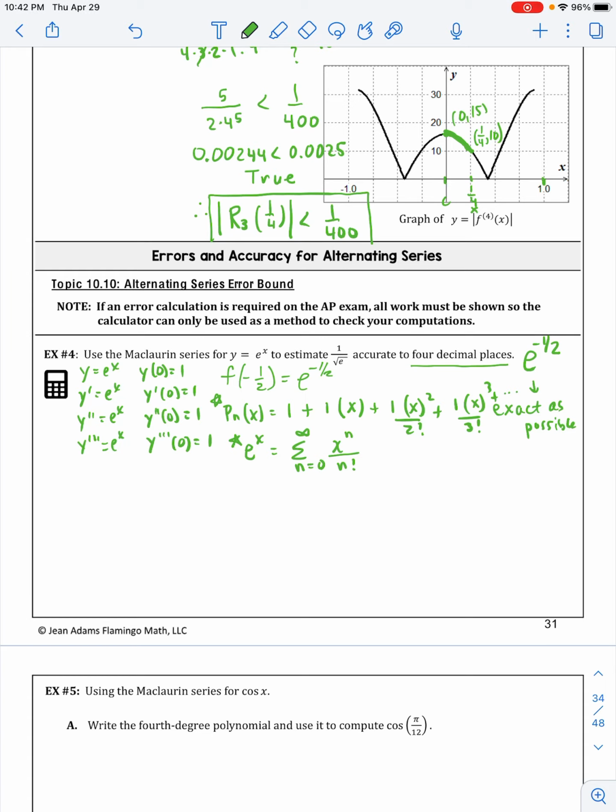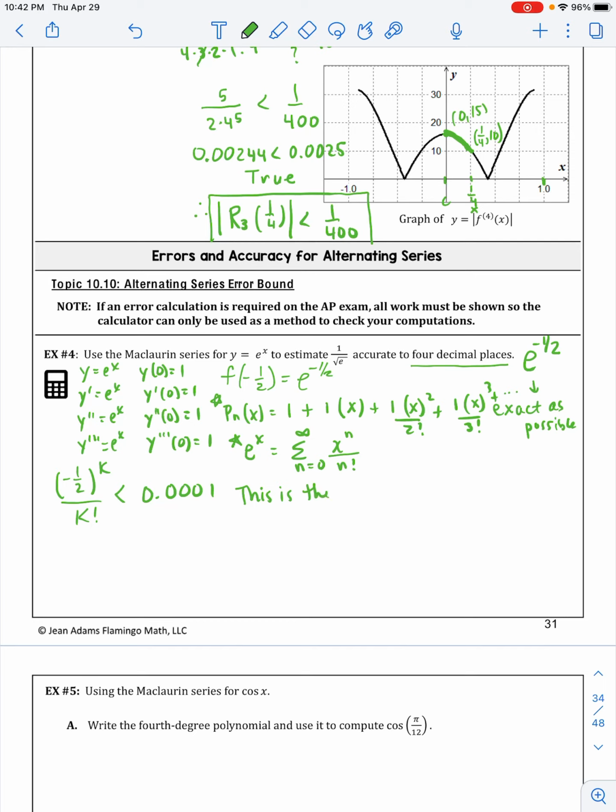And what we need to find out is a k value such that the maximum error, since this is an alternating series, we would be using our negative 1/2 to the k over k factorial.